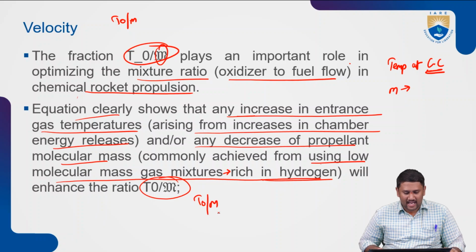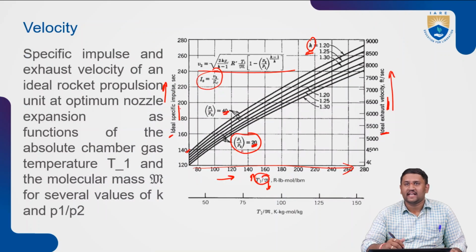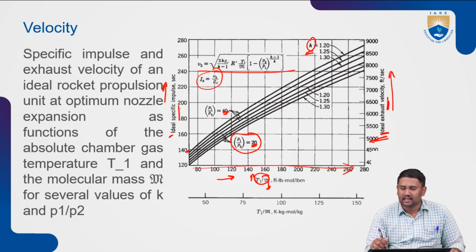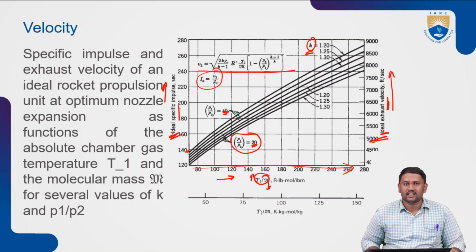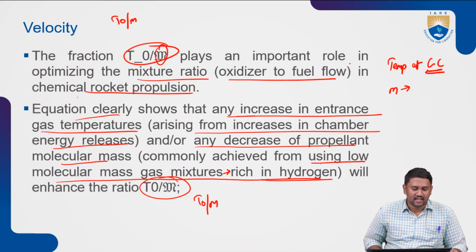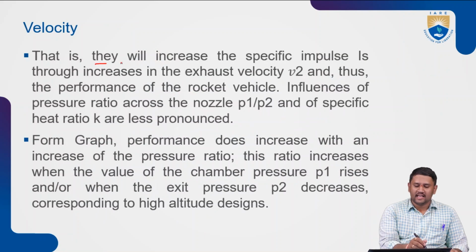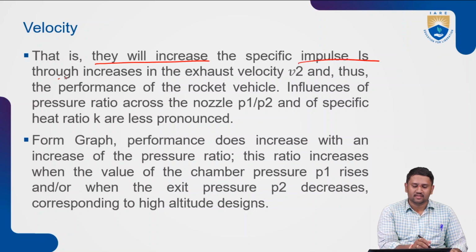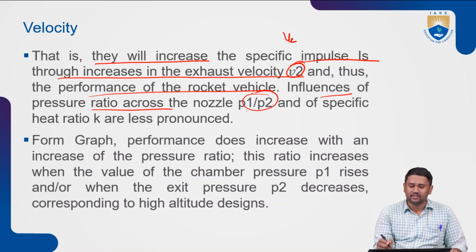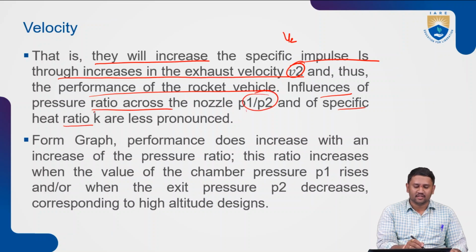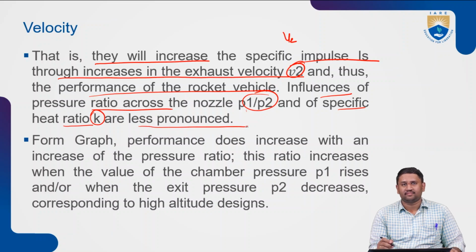Now as the ratio enhances, what happens? You will get an ideal exhaust velocity as well as an ideal specific impulse for that rocket engine as well as the nozzle. As they increase, the specific impulse increases through the increase in the exhaust velocity, which is nothing but V2, and thus the performance of the rocket vehicle is influenced by the pressure ratio of the nozzle, P1 to P2, while the specific heat ratio K has less effect.